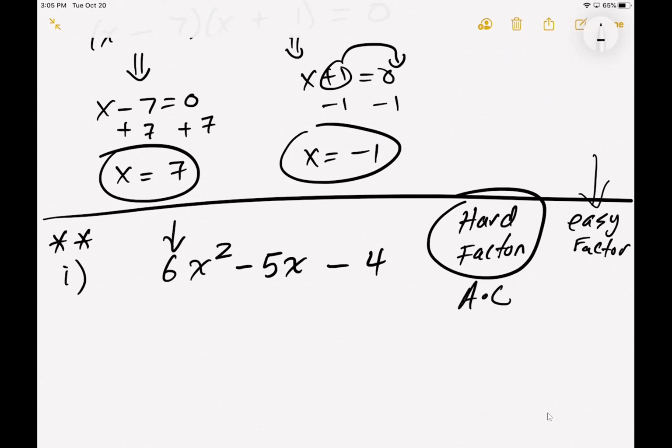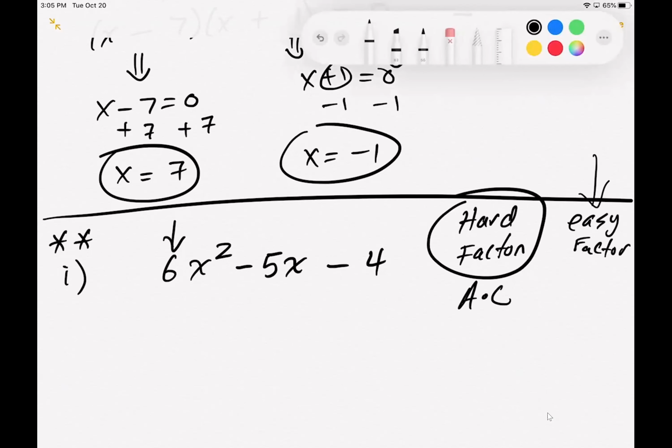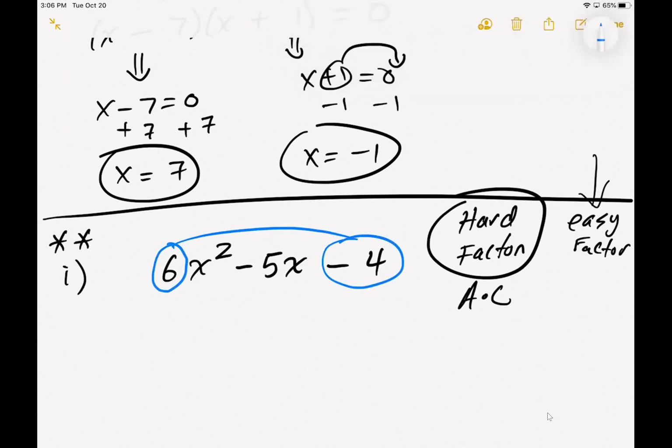So before I insert the 0 and all those other things, the first thing you need to do is factor. Everybody see that we need to factor? So to factor the hard item, we need to take the A times the C. If you take the A times the C, it will give you negative 24.